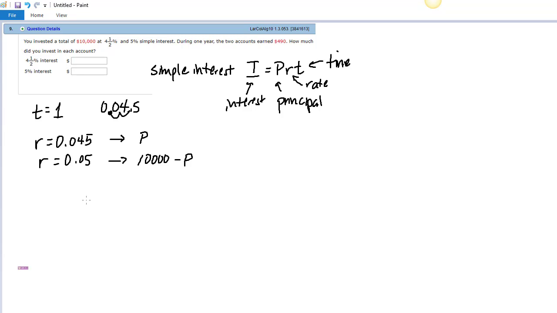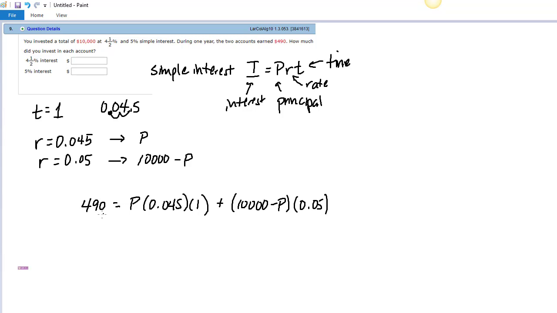So we're going to write here that our interest is 490. And so we have P times 0.045 times 1 year, and again that 1's not going to change anything. And then we have 10,000 minus P, and that'll be the amount that's invested at 5%.